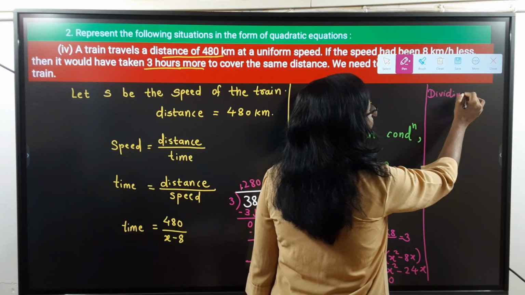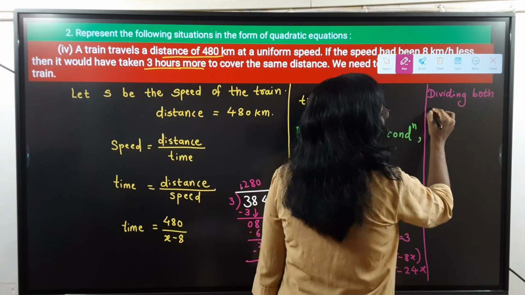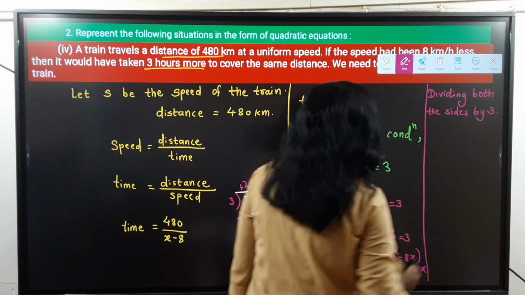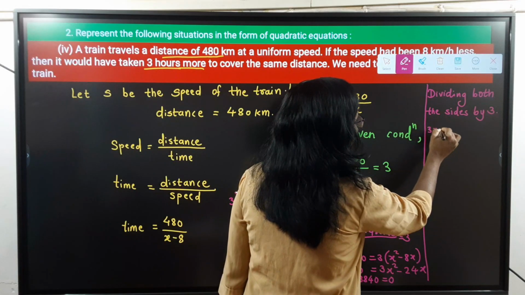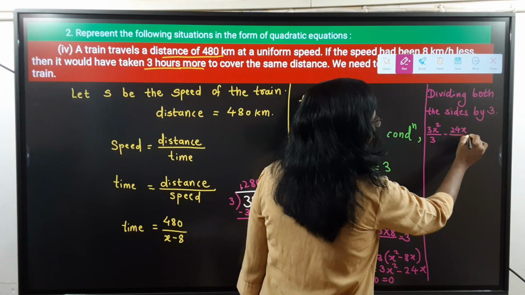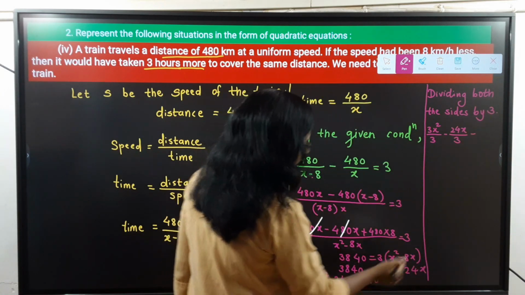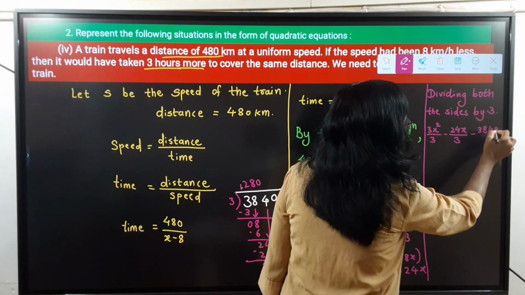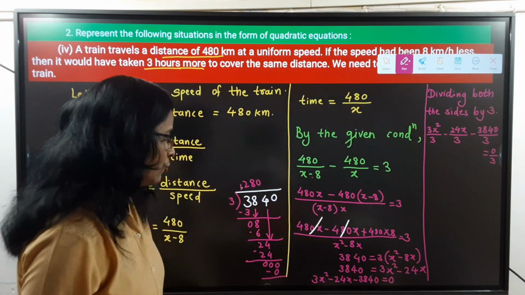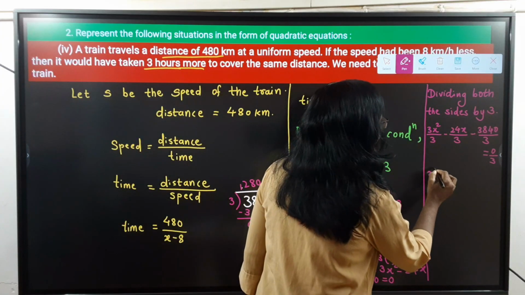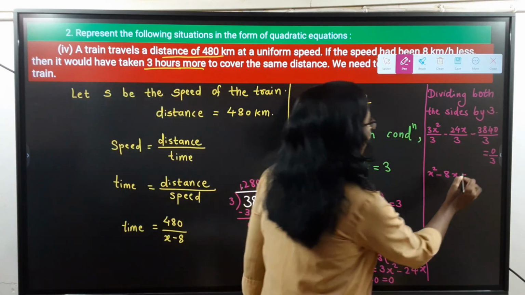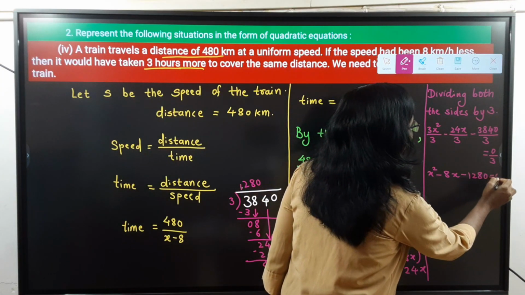Dividing both the sides by 3, therefore 3x square upon 3 minus 24x upon 3 minus 3840 upon 3 is equal to 0 upon 3. So now students, that is x square minus 8x minus 1280 is equal to 0.